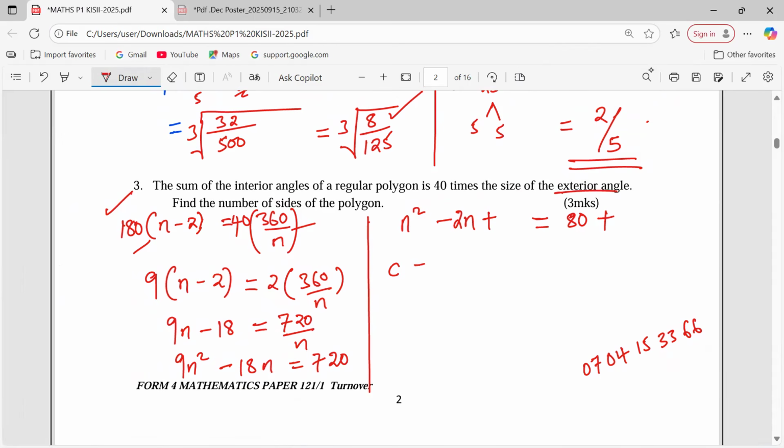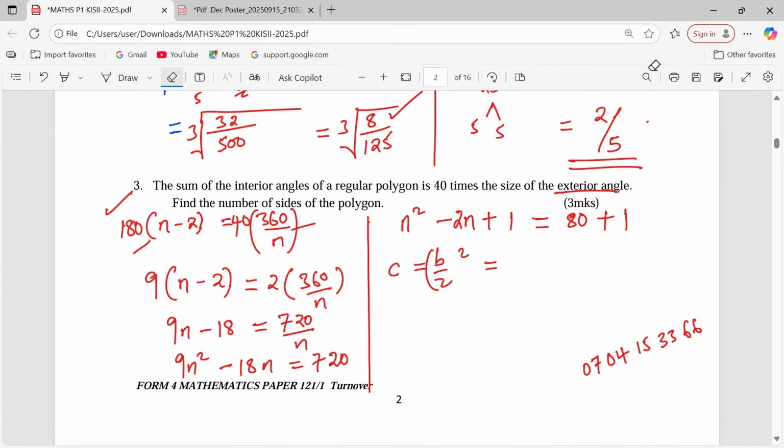This constant c is usually given by b out of 2 squared, whereby we shall have negative 2 over 2 squared. So negative 2 divided by 2 gives us negative 1, and when you square negative 1, you just get 1. So we add 1 to both sides.